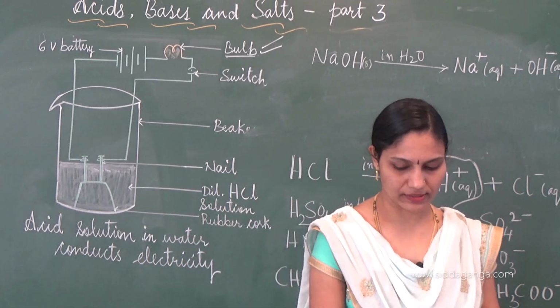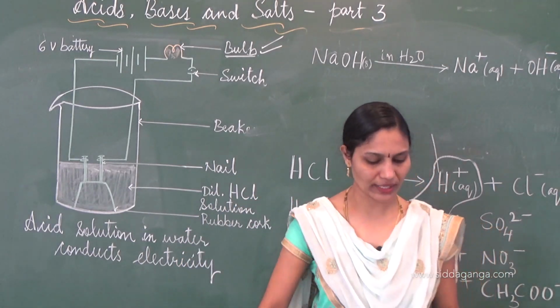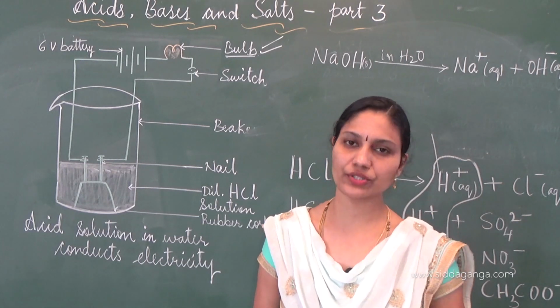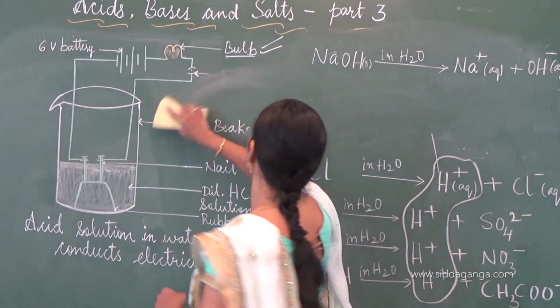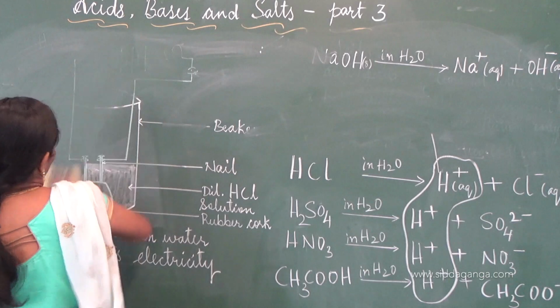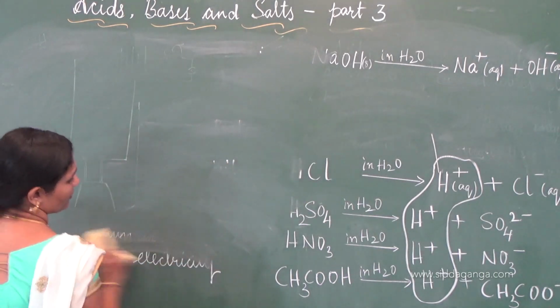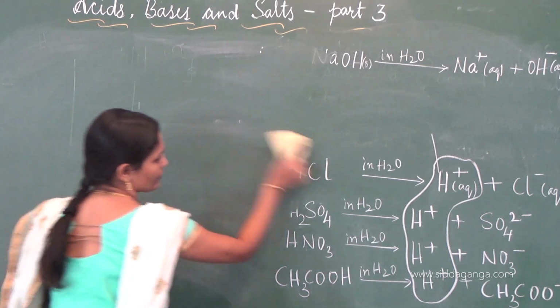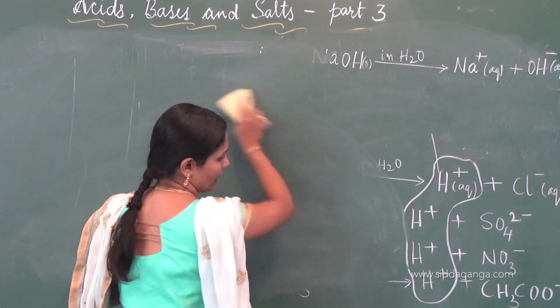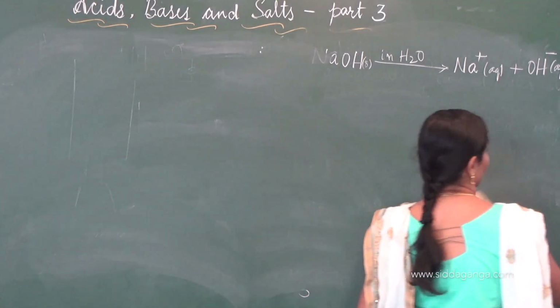Further, we'll understand what happens to an acid or base in water solution. That is, in aqueous solution, what exactly happens? Now we understood that in aqueous solution they dissociate and form ions.